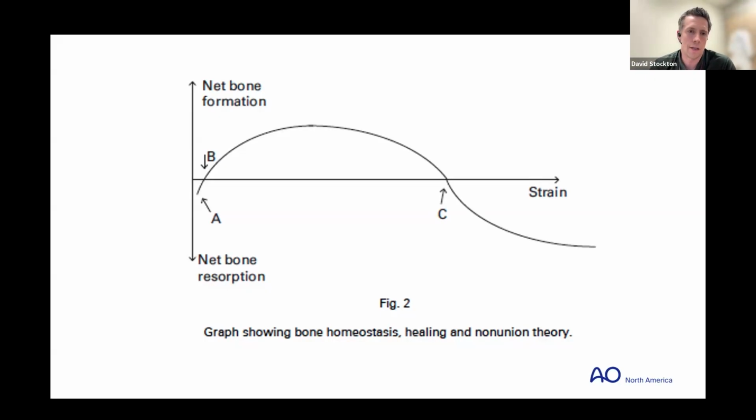Point A is situations where you have net bone resorption from such low strain environments, for example in space, and also potentially disuse osteopenic environments. And we'll talk more about the net bone resorption that may happen past point C, but that comes around in certain fracture healing scenarios gone awry.